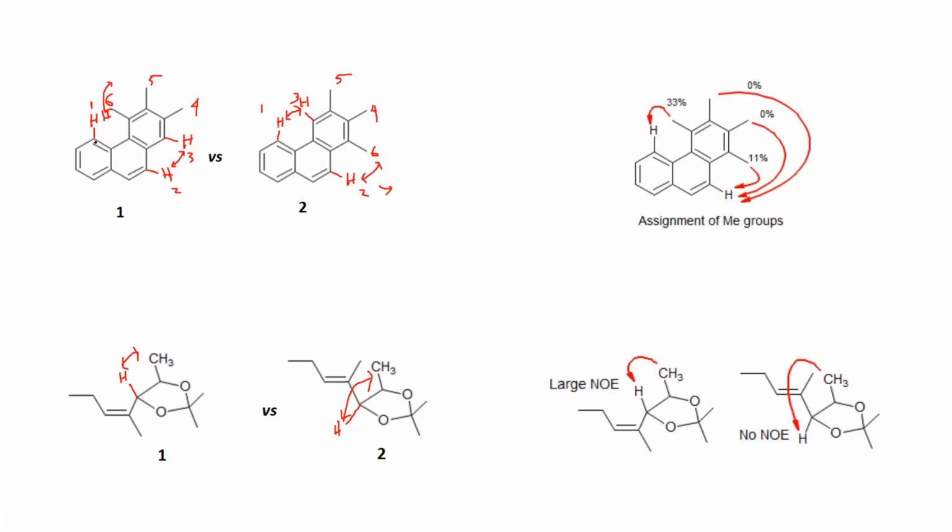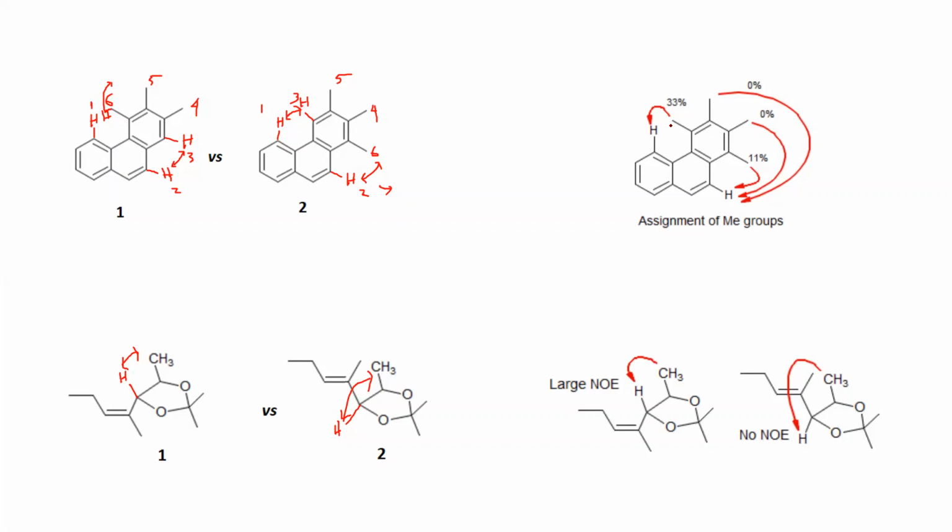So the previous one, what you see is the position 1, compound 1, the peak position 1 proton and 6 proton, they are closer, are you getting? They are closer. And for compound 2, the 1 and 6, they are far away, right? Are you getting? That means if you irradiate 1, the 6 methyl, this proton, you will see enhancement.